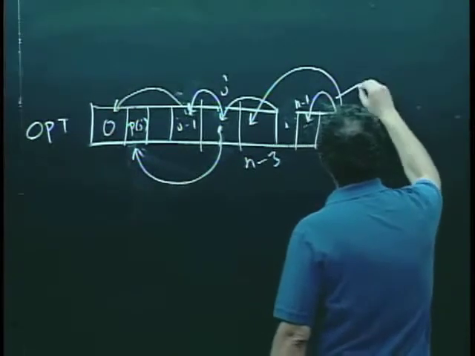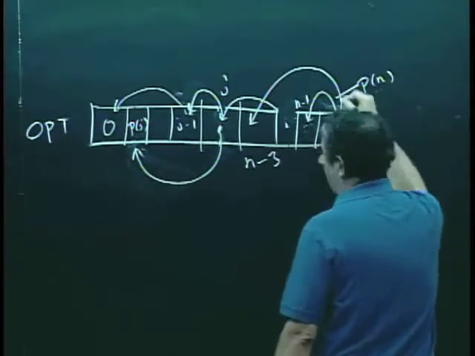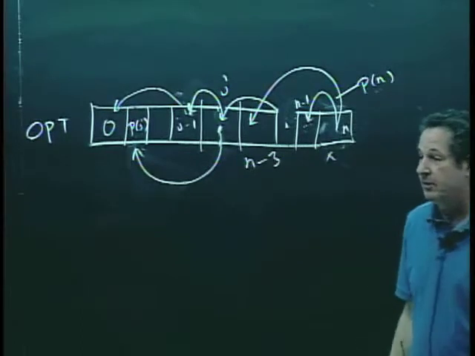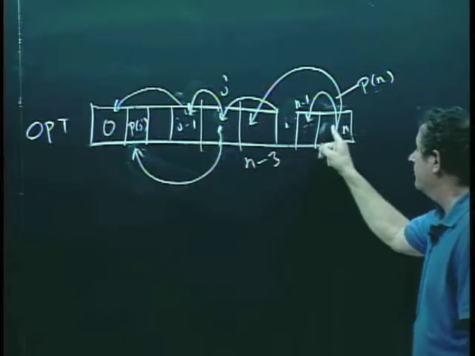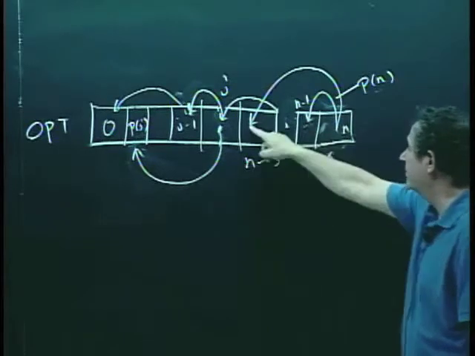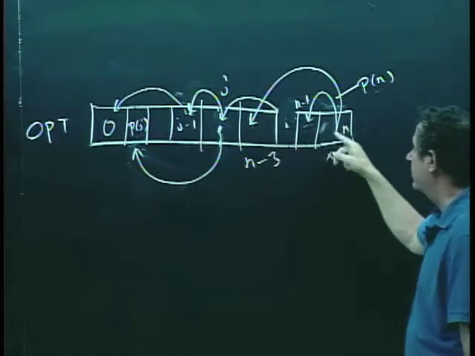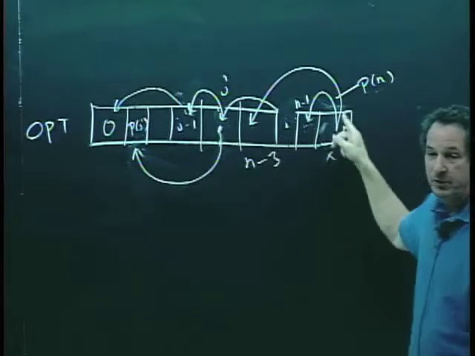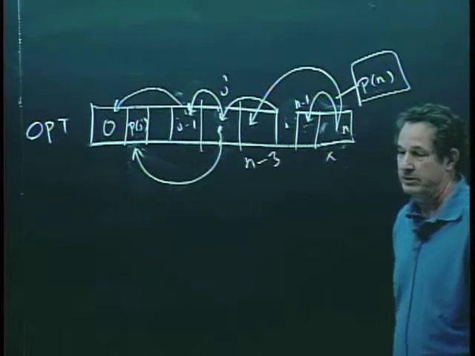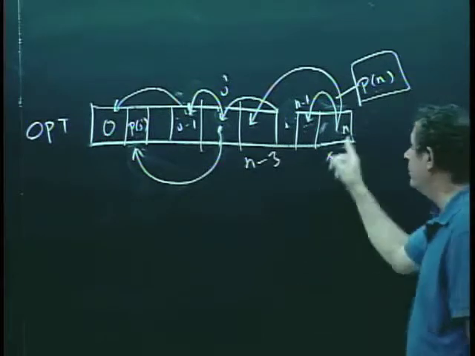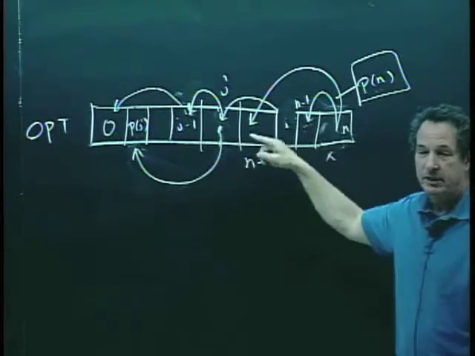Just note, was this p of n that you're pointing to or not? Are you pointing to p of n, or are you pointing to just n minus 1? So if you're pointing to something beyond n minus 1, or j minus 1 in general, you don't need to note anything. But if you're pointing to your neighbor, then you just note which case this was. And then when you do the trace back, it's very clear.